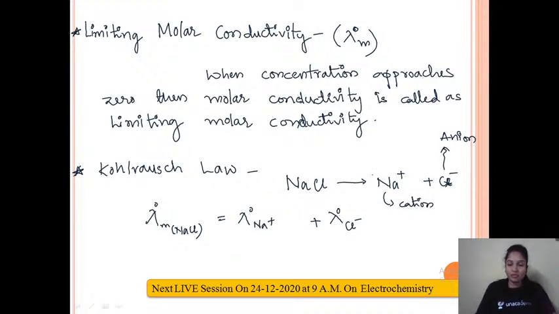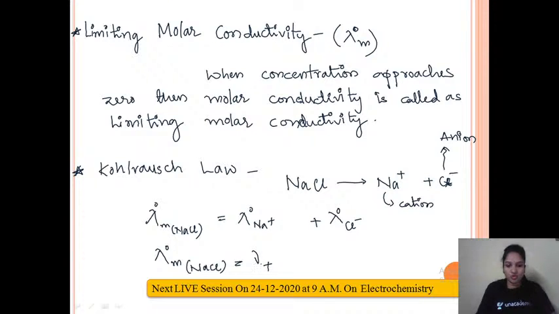Now here, how many ions are formed also has to be considered. So lambda m of NaCl, for example, is equal to mu plus, meaning number of cations. Here the number of cations is 1, and the number of anions is also 1.